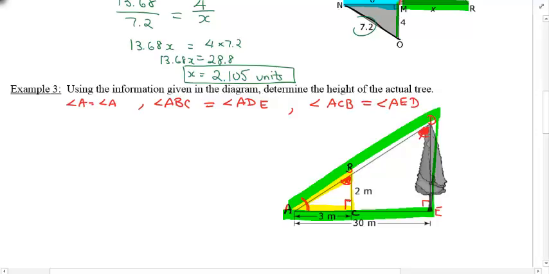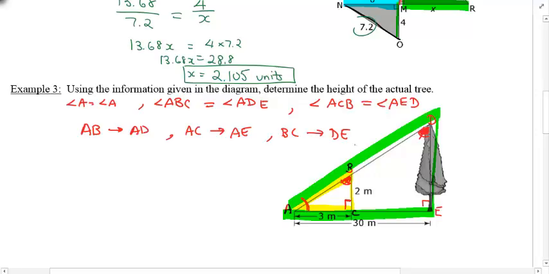And so now what about my corresponding sides? Well, I'll say AB in my smaller triangle is corresponding to AD. I'll say AC in my smaller triangle corresponds to AE. And finally, I'll say BC, like my height, is corresponding to DE, the height of the tree.